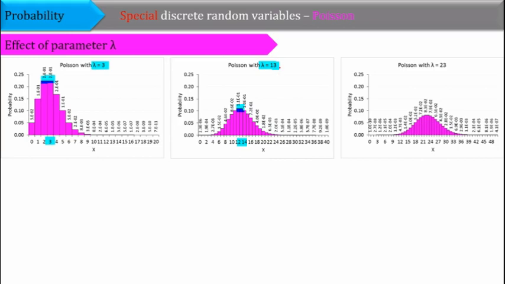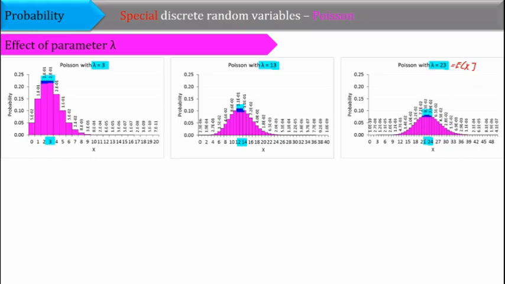So that means that the highest bar is around the expected value, in other words, the mean. If we look at the next one, for lambda equal to 23, then we see once again that the highest bar is around 23. So in other words, for the mean, E of x, we have the highest bar sitting around that value.